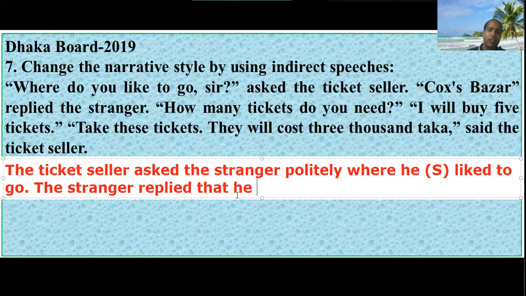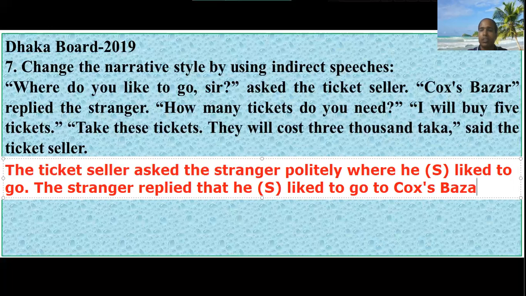I means he. I denotes the stranger, so you have to write he, and you have to set s as like b1, liked, liked to go to Cox Bazar. This is the full sentence. He liked to go to Cox Bazar.